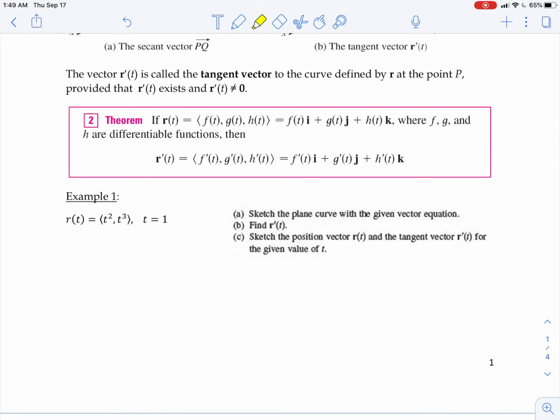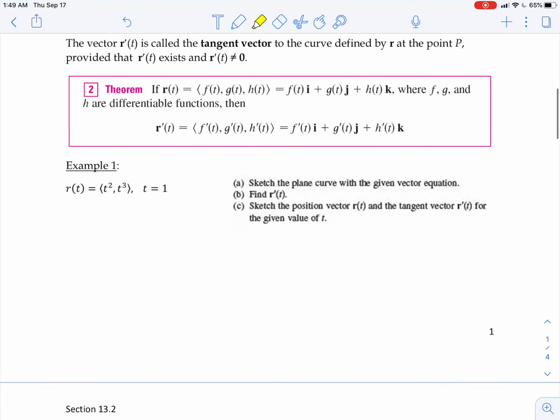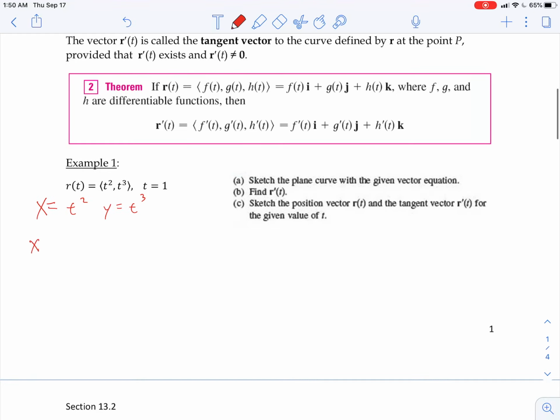All right, so let's look at example 1. We're given the vector function r of t equals t squared, t cubed, and t equals 1. The first thing we want to do is sketch the plane curve with the given vector function. So first we write out our x and y. There's no z. So x equals t squared, y equals t cubed. And if we can, we want to write these in terms of one another.